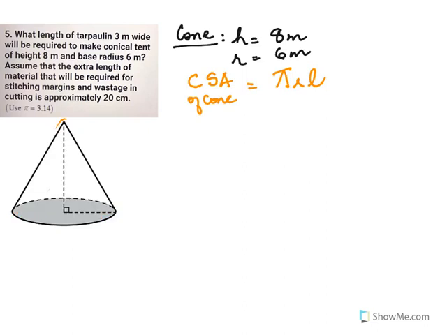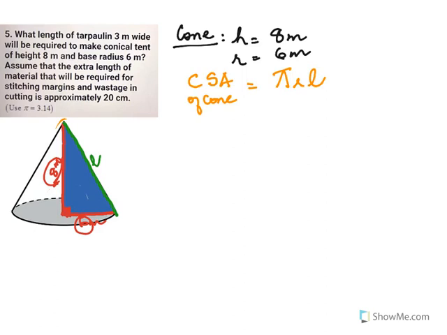To find the L, we go back to the diagram. The height was given to us as 8 meters, the radius was given to us as 6 meters, and our question was to find this L. So we are now dealing with this right angle triangle. In this right angle triangle, one side is 8, this is 6, and this is the 90 degrees.